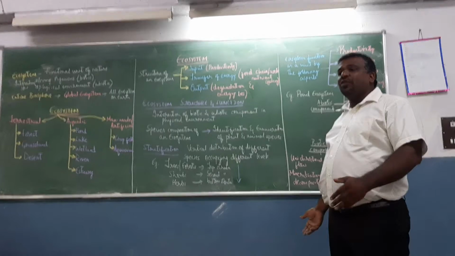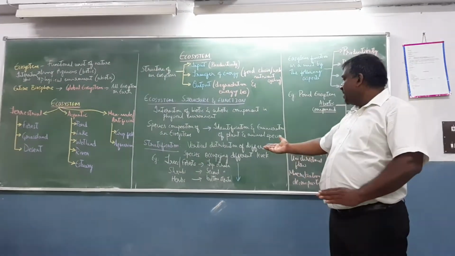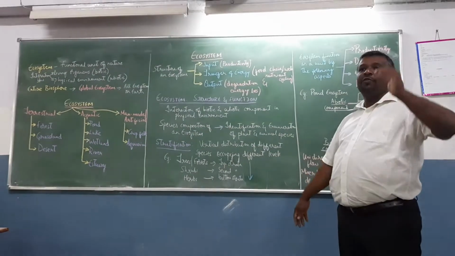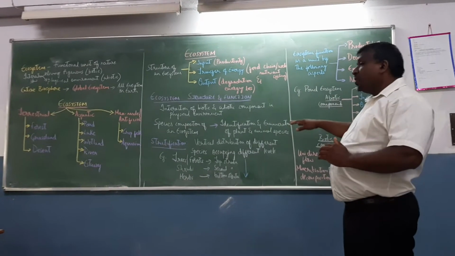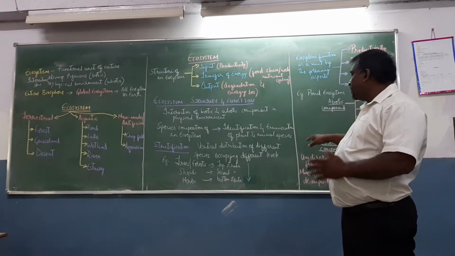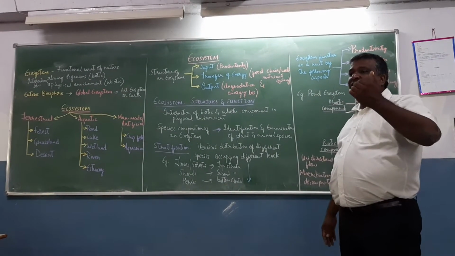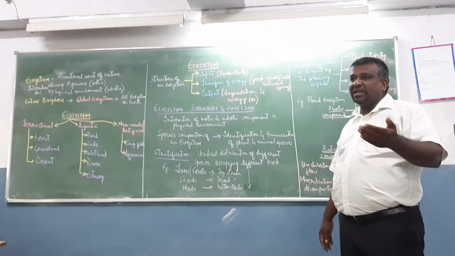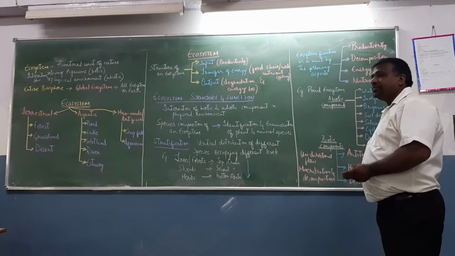The last layer, the third or bottom layer, is the herbs. In this example of a forest, you can see that trees occupy the topmost strata. What is stratification? The vertical distribution of different species which are occupying different levels. When we are talking about levels, I am talking about trophic levels: producers, primary consumers, secondary consumers, tertiary consumers. We are talking about those.